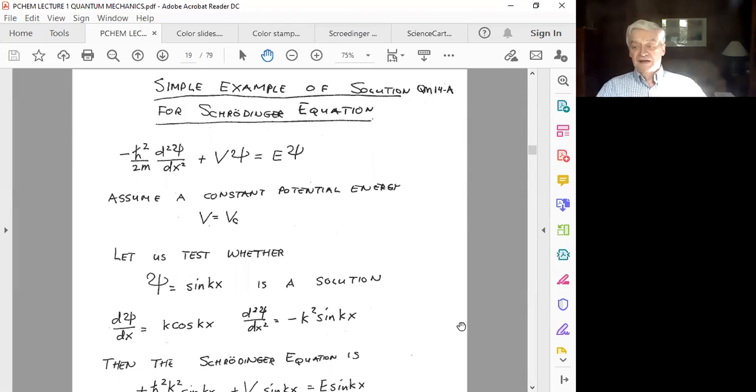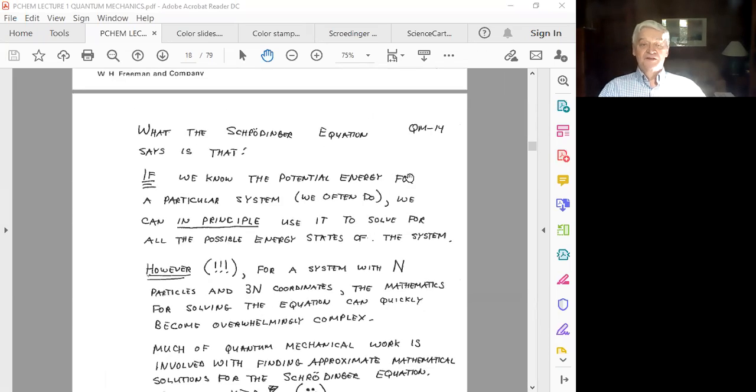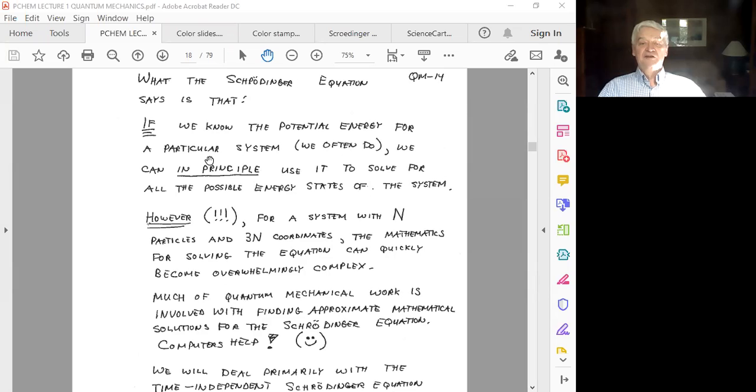Okay, I have a chat comment from somebody. I've got so many people thinking ahead. Someone says, how does Schrodinger's equation take into account the Heisenberg uncertainty principle? Well, I'll tell you this again. Basically, as I've just written on this page, if we know the potential energy for a system, we can in principle use it to solve for all the possible energy states of the system.